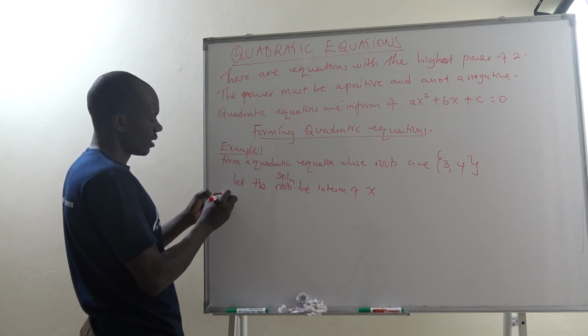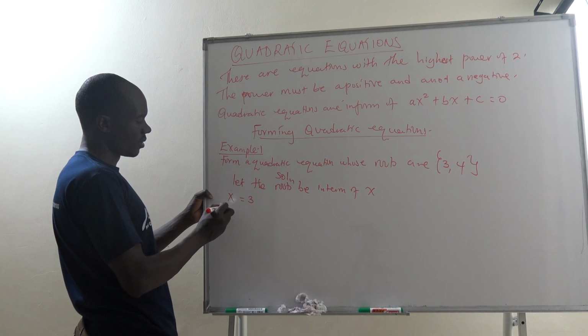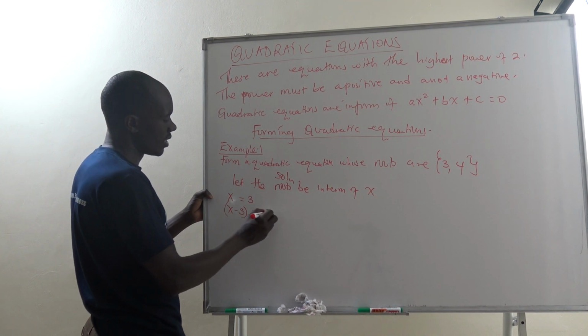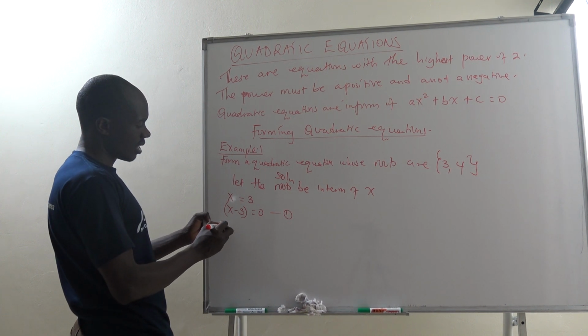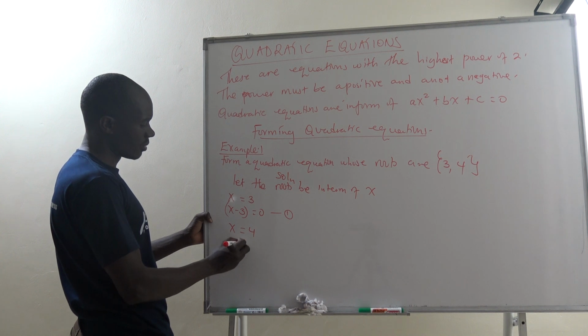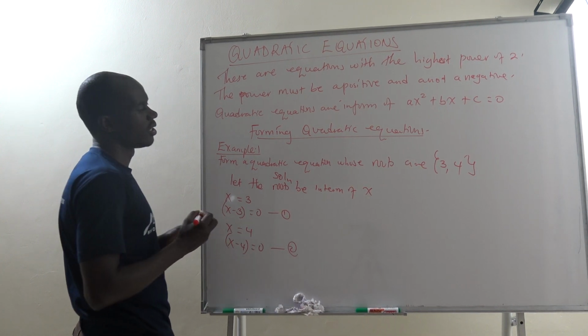I can say x equals 3, the first one. Bring this one here, x minus 3 equals 0. This is the first equation. Again, x equals 4, so x minus 4 equals 0. This is the second equation.